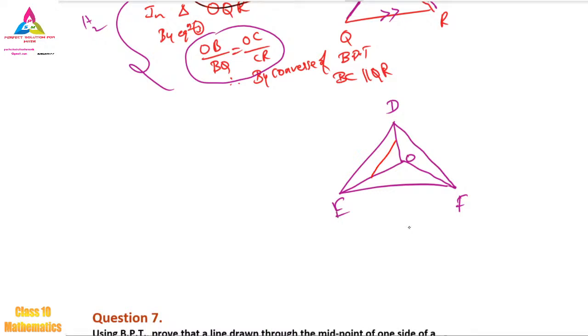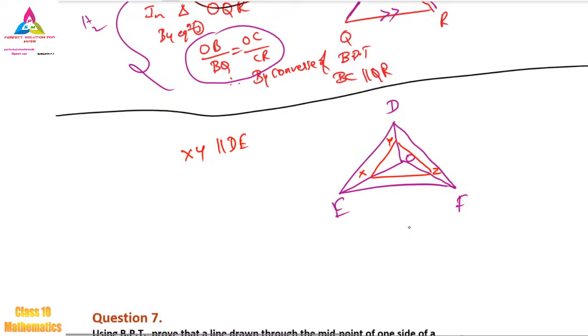The same diagram I will draw, but with different labels, means the points I will give you are X, Y, and Z over here. So if you think of a diagram like this, and I tell you to prove that XY is parallel to DE, what are the two things I might have given?